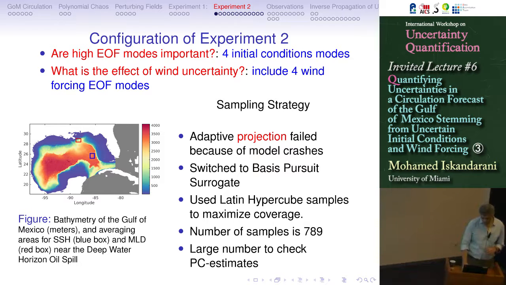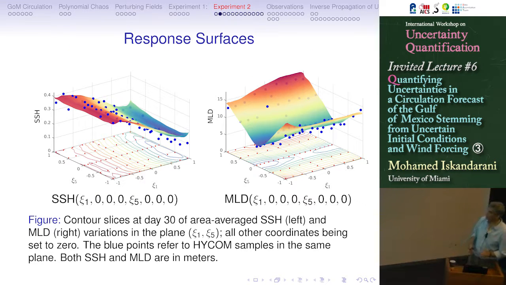So let me show you at least a couple of the response surfaces. This is the average sea surface height in that red box, in the blue box. And what you're looking at is strengthening or weakening the first mode in the initial conditions and the first mode in the wind forcing.